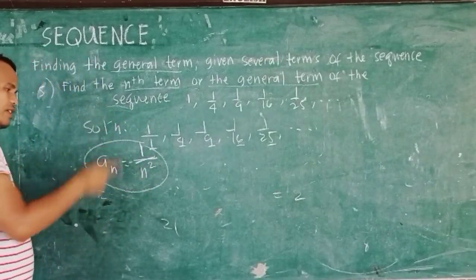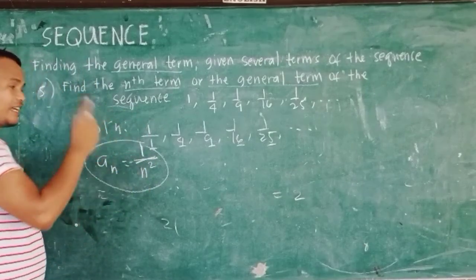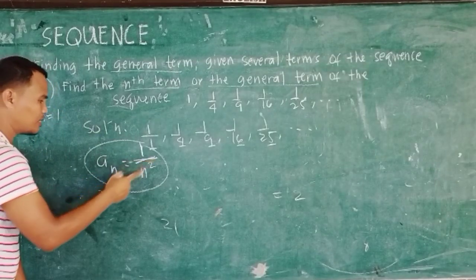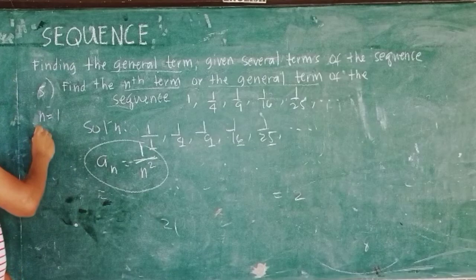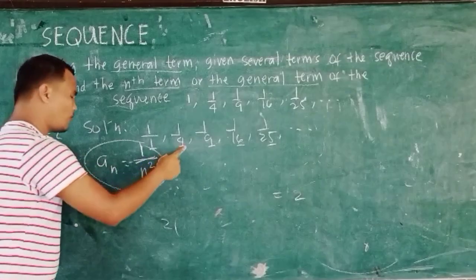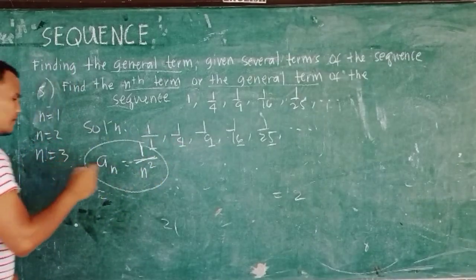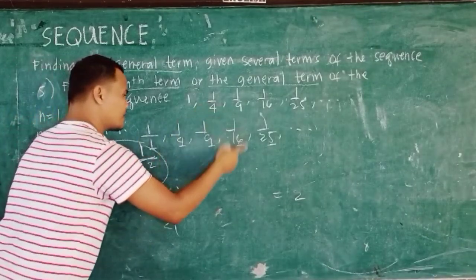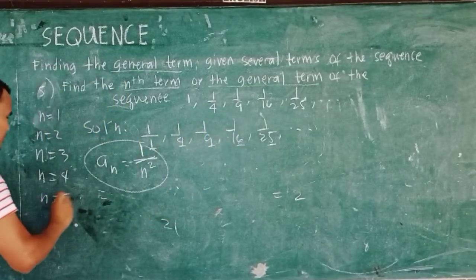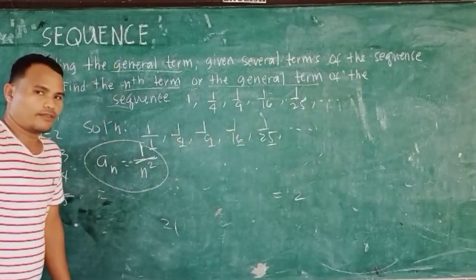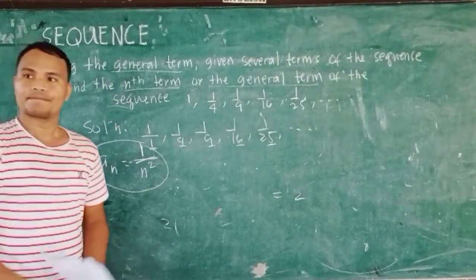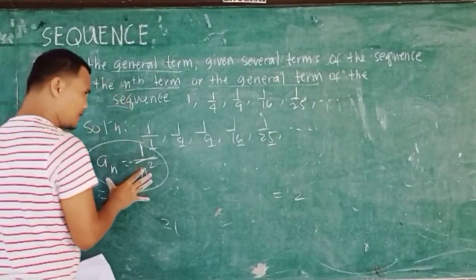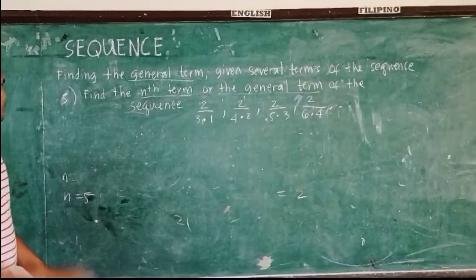Kung imo na siya i-verify kung sakto ba na we start with n equals 1. If n is equal to 1, that's 1 squared. 1 times 1 is 1. If n is 2, 2 times 2, that's 4. If n is 3, 3 times 3, that's 9. If n is 4, 4 times 4 is 16. If n is 5, 5 times 5 is 25. Okay? So this is now the n-th term, or the general term.